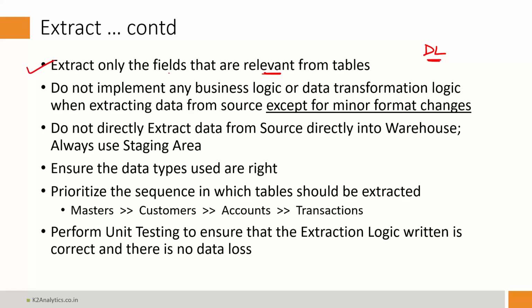However, you should not do any data transformation logic while extracting. Whenever you do any data changes, you should always create a new column. The original source column you should not transform; you should keep it as is.